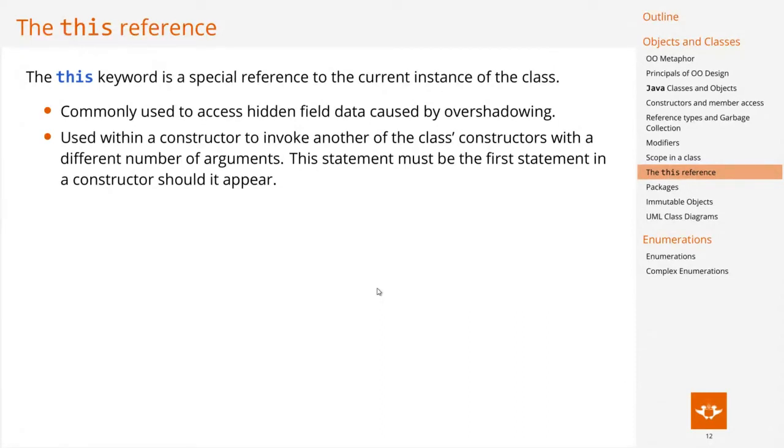But what it can also do is it can call constructors of the class, the other constructors. So let's say we have 3 or 4 constructors. We can have the first one called the second constructor. We can have the fourth one called the third constructor. So we can chain constructors together. Might be a reason to do that, depending on the number of arguments we provide. So that's the way we can work constructors together.